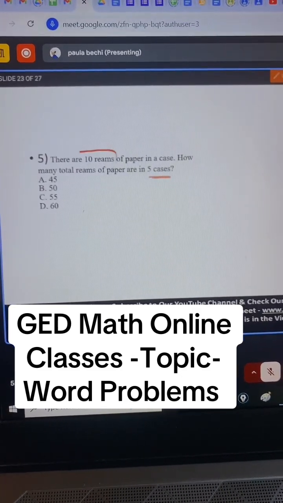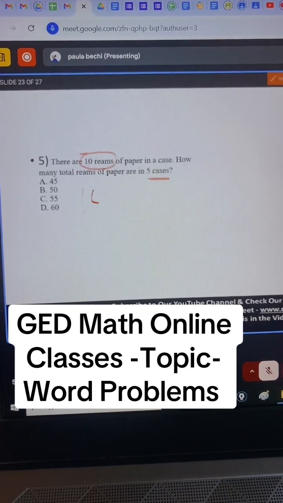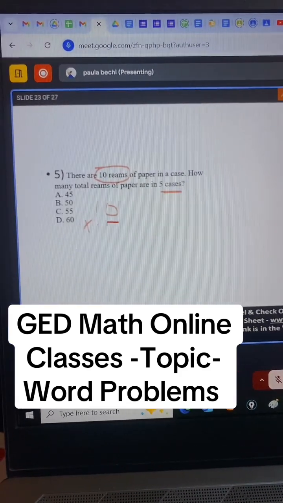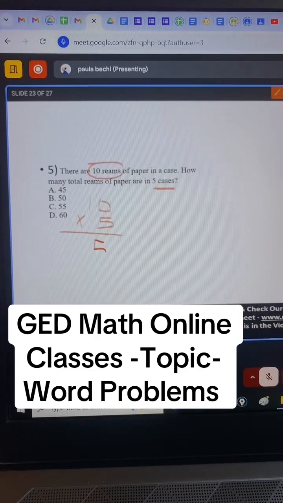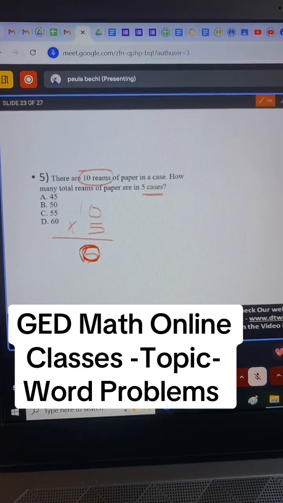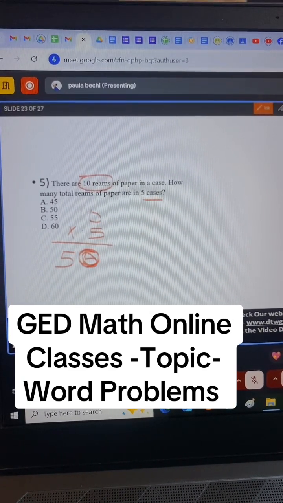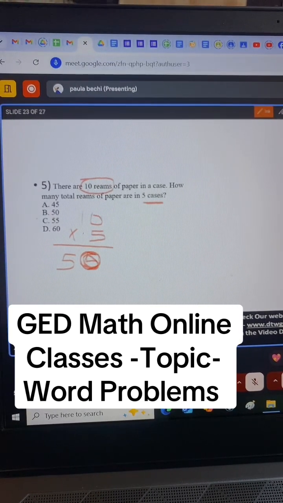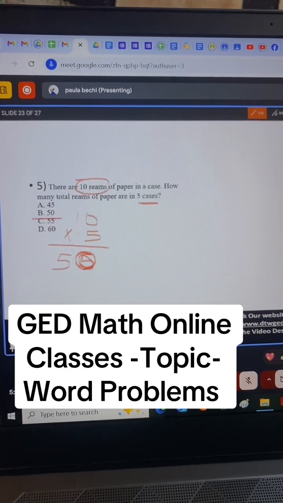Since this is the number for 1, the number for 5 cases will be 10 times 5. 5 times 0 is 0, any number times 0 is 0. And then 5 times 1 is 5. So that leaves us with option B as the correct answer.